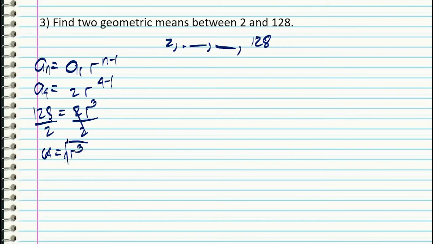We extract the third root to remove the power of 3. What is the cube root of 64? That's actually 4 equals r. Since our r or common ratio is 4, we can now fill these two blanks. 2 times 4 is 8, 8 times 4 is 32, and those are the two geometric means between 2 and 128.